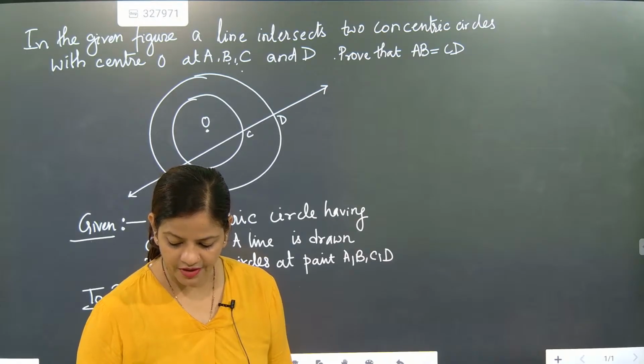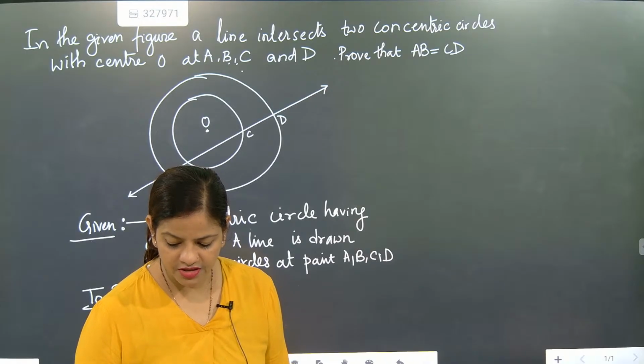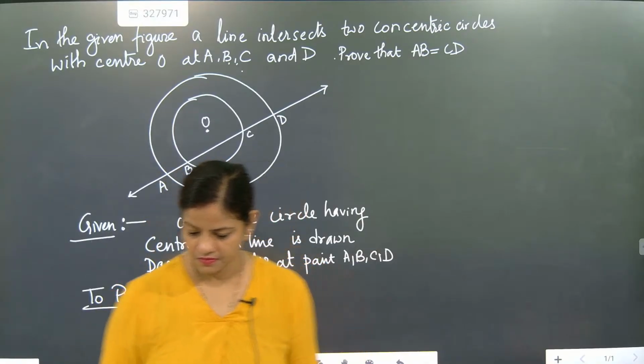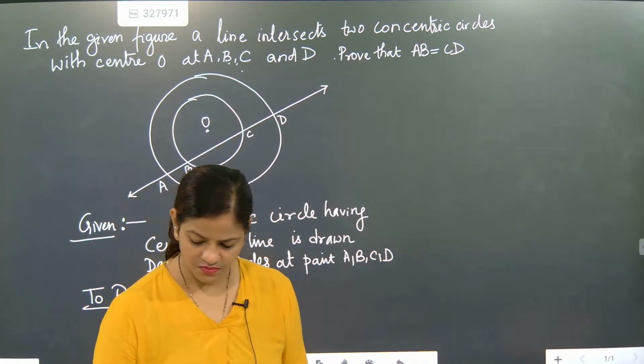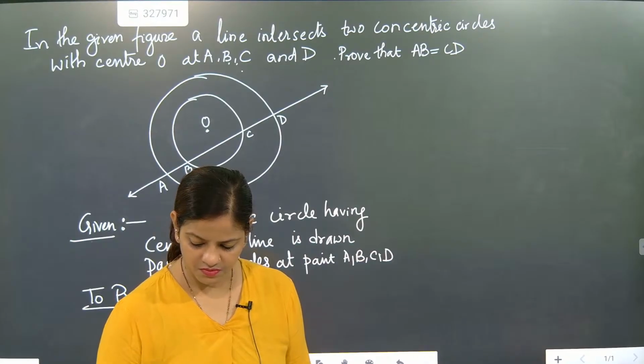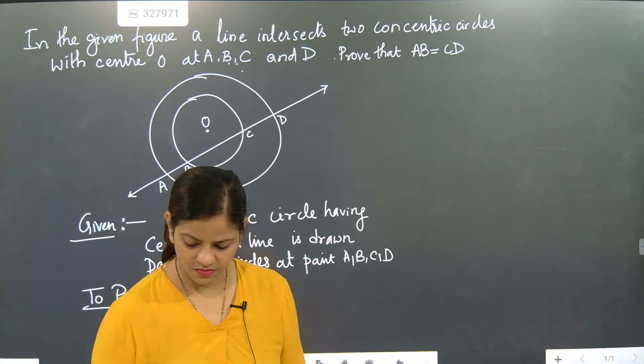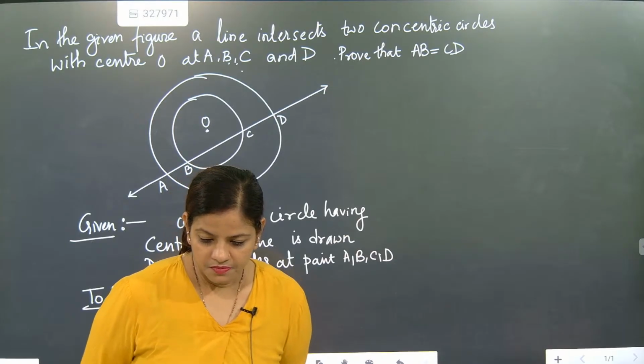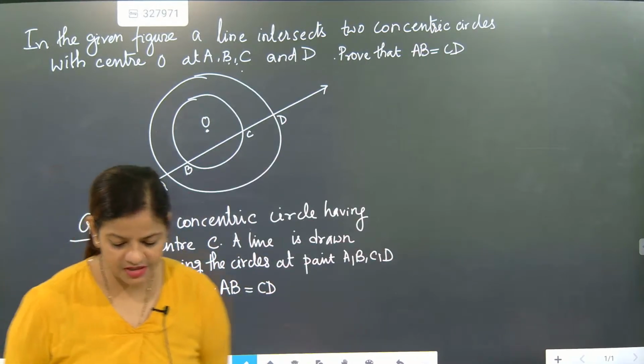I hope you have understood. Come on, after giving this information, try to solve, to prove that AB is equal to CD.